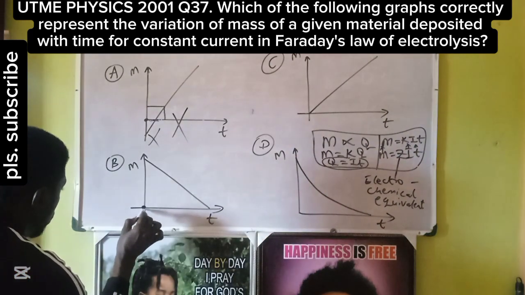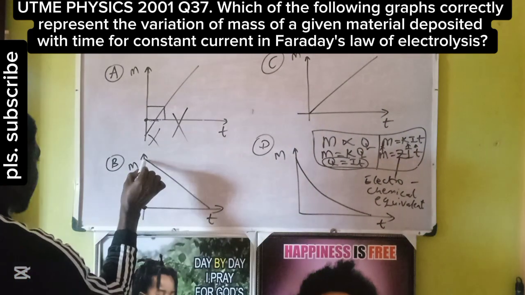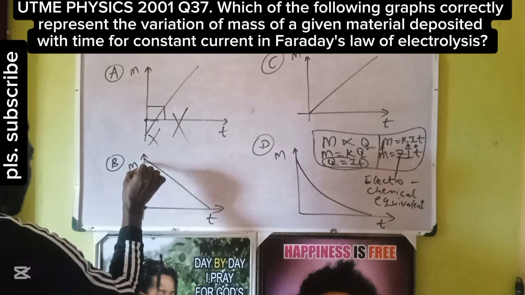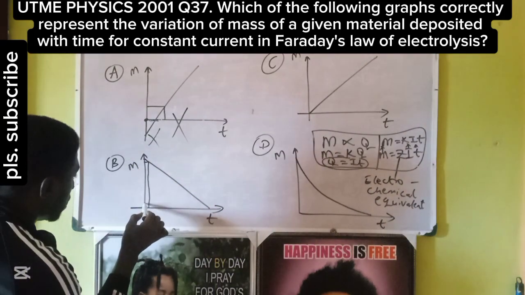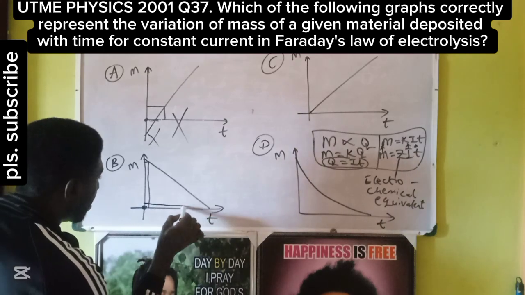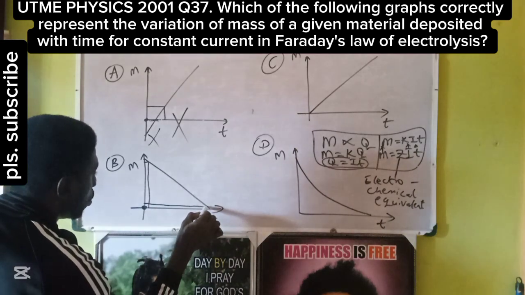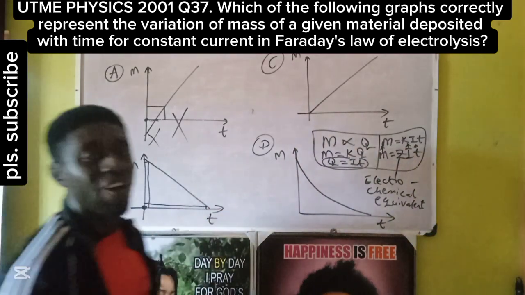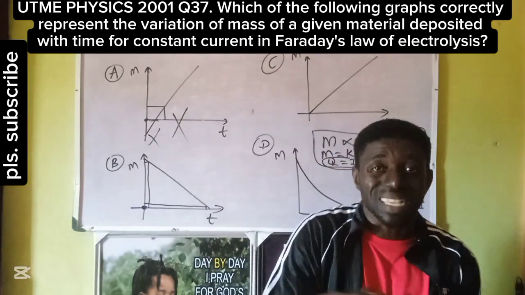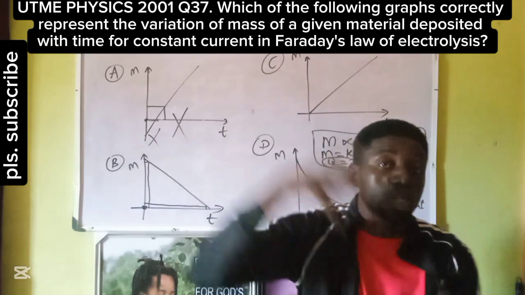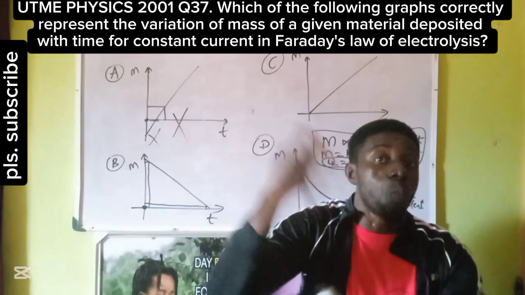Then coming to the second one, let's see what this one is saying. Here is 0, the origin. So this one is saying a bigger mass goes for a smaller time, and the smallest mass liberated goes for the longest time. This is inverse proportionality, so that's wrong. We are saying that the more mass liberated, the more quantity of charge, the more current, the more time.